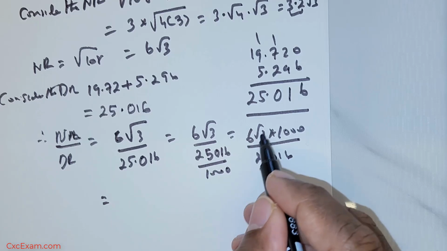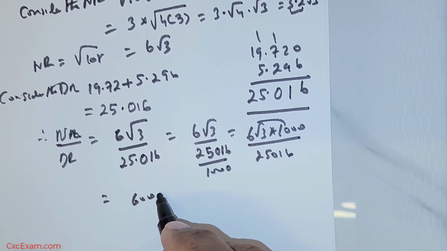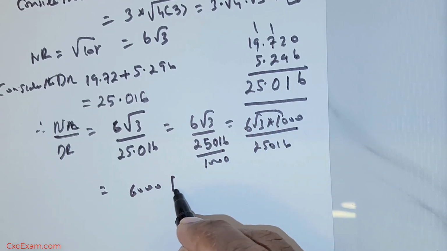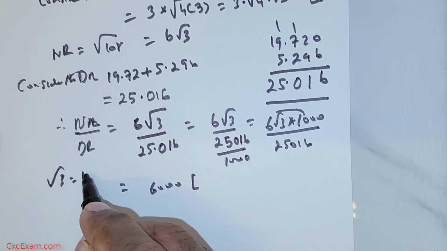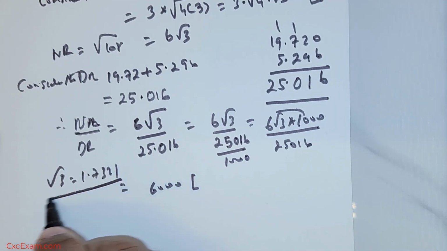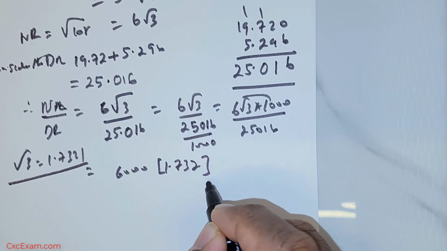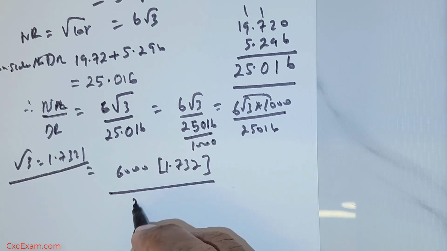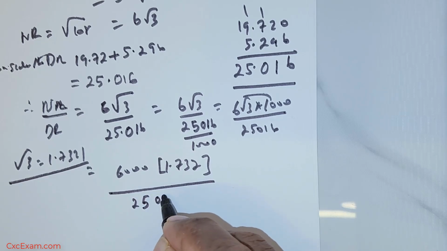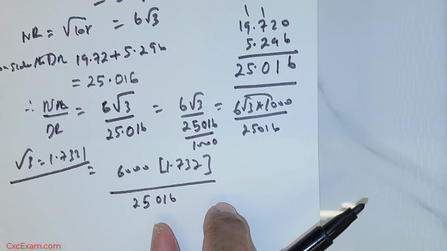So 6 multiplied with 1000 is 6000, and root of 3 is 1.7321. So we can take it as 1.732 divided by 25.016. So this is what we've got.